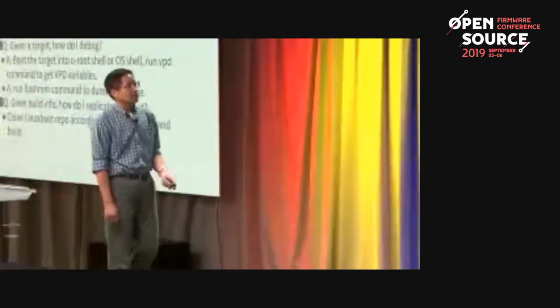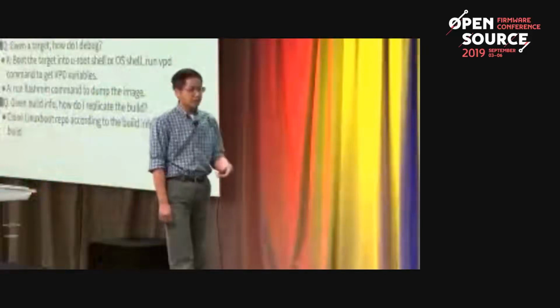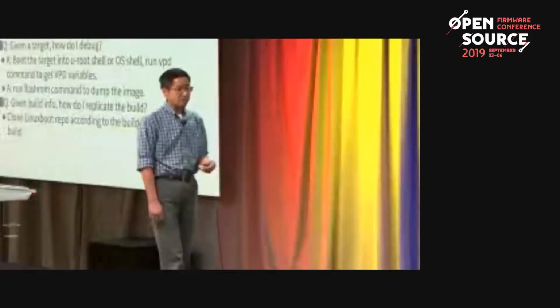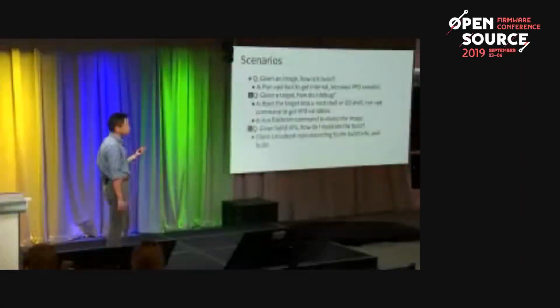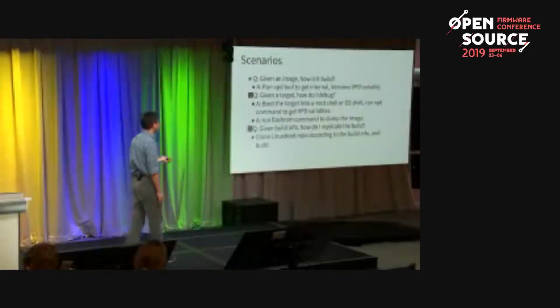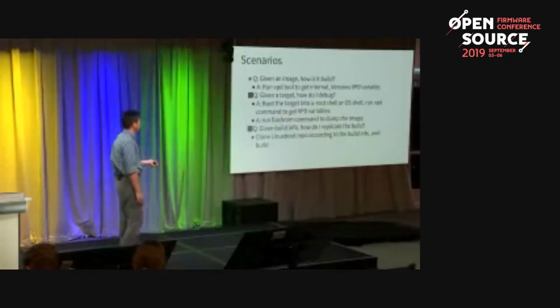So these are the scenarios. What does the build process enable you to do? Let's say, given an image, tell me how it's built, right? You send the image somewhere to somebody. The person needs to figure out how it was built. You run the VPD tool. You get the internal version VPD variable. You get everything. Given a target, how do I debug? You boot it into user shell or OS shell.